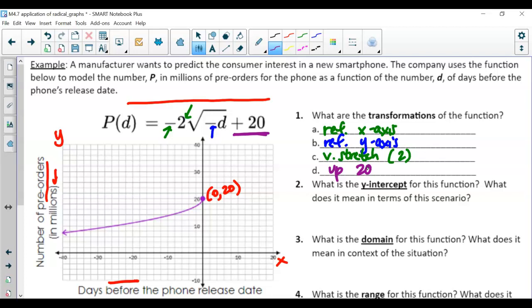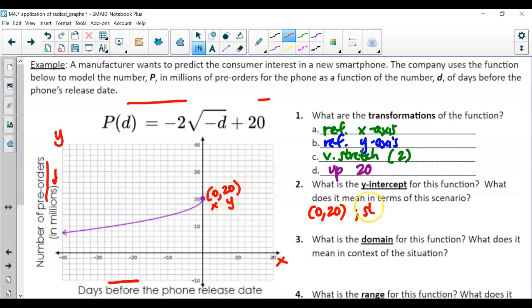Now, what is the y-intercept, and what does that mean in terms of this scenario? Same as before, like with our quadratics. What is the y-intercept? 0, 20. And then what does it mean in terms of this situation? Well, 0 is our x, 20 is our y. So here at the start, how many pre-orders were there? 20 million.